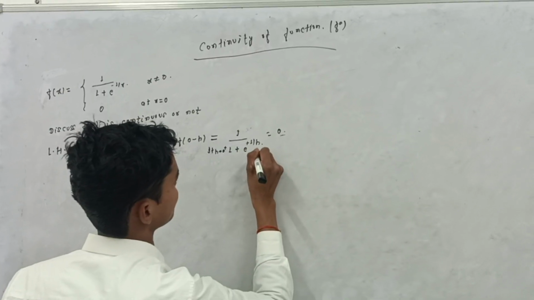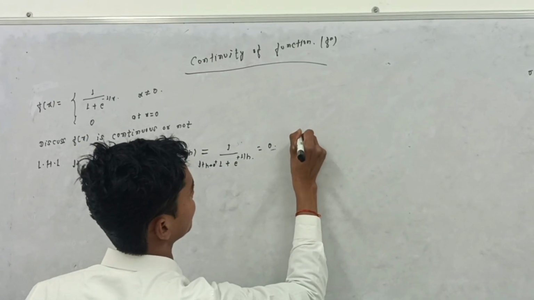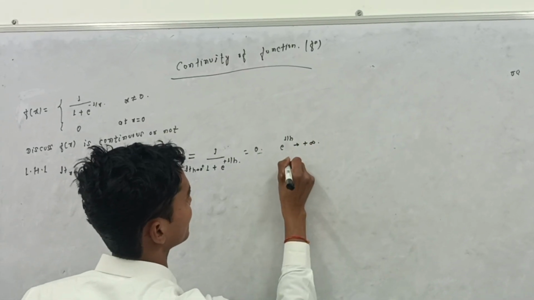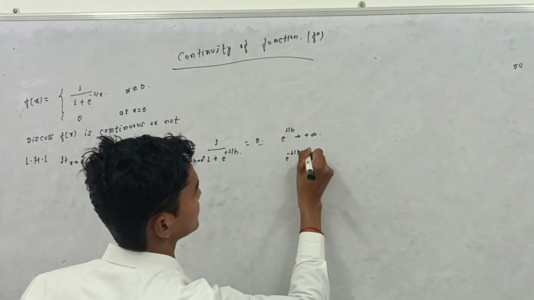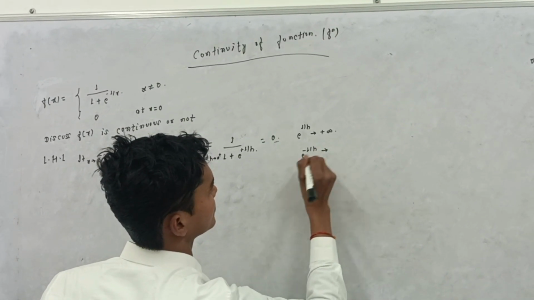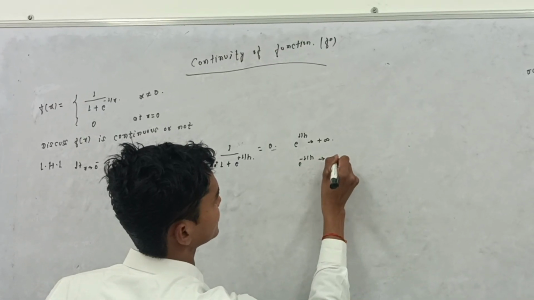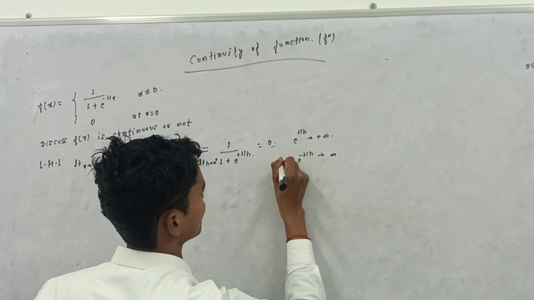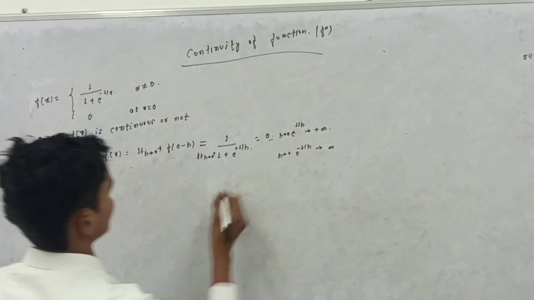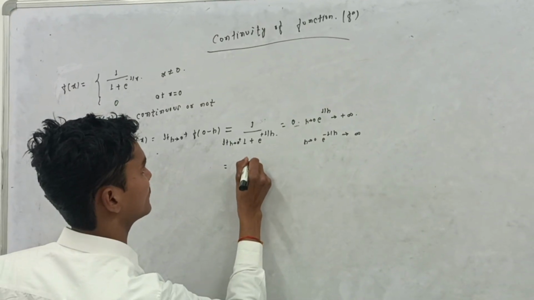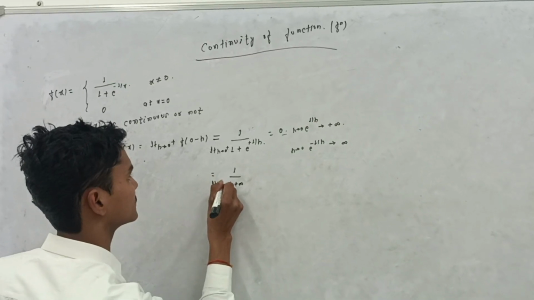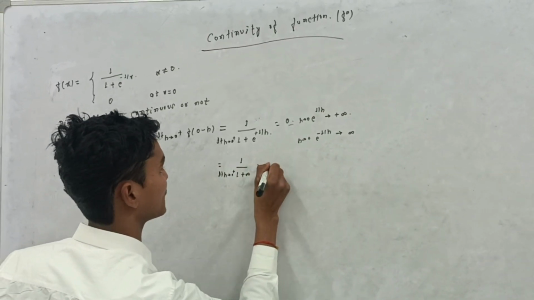Here students get confused: e to the power 1 by h is plus infinity, and e to the power 1 by minus h goes to minus infinity as h tends to 0. Then the value is 1 upon 1 plus infinity, limit h tends to 0 plus, which is equal to 0.